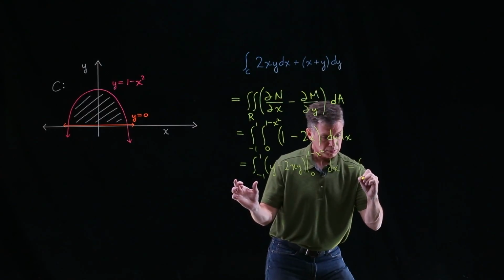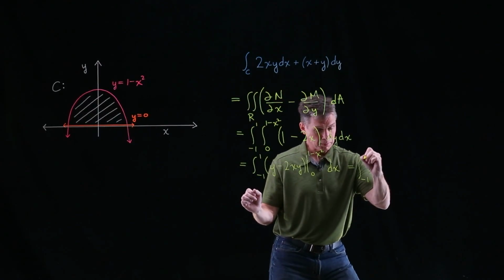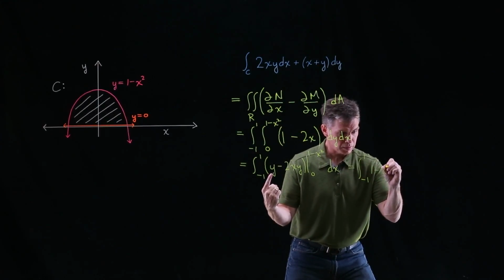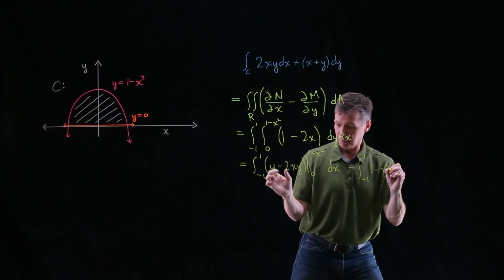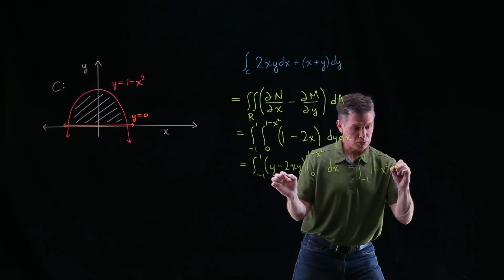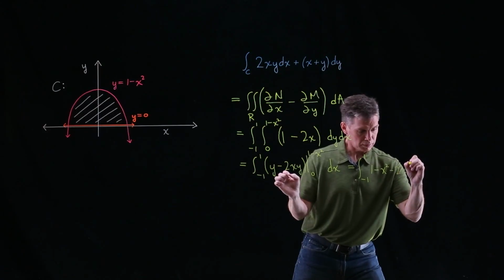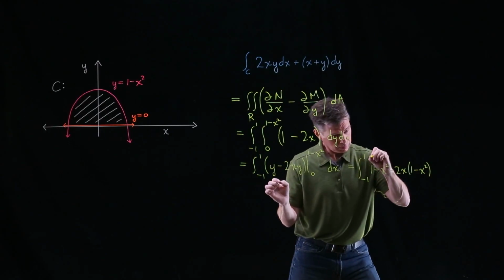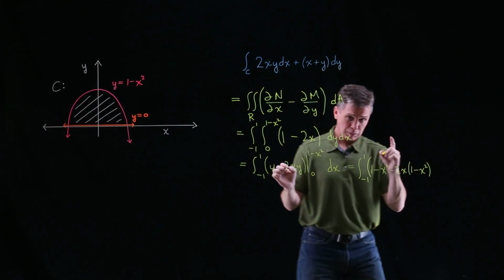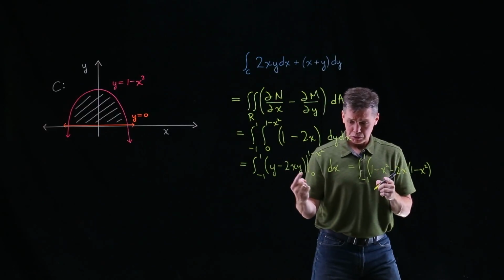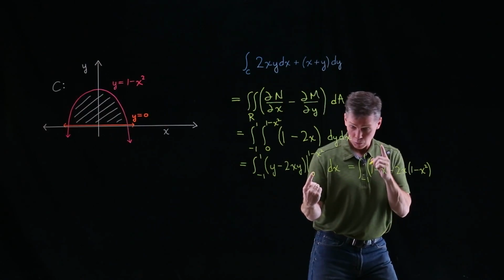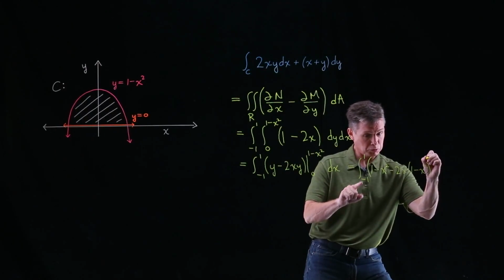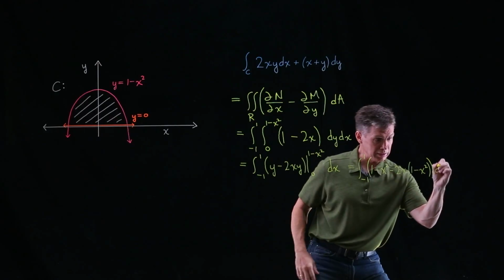I still have the integral from -1 to 1, my y, 1 minus x squared, when I plug in the top, minus 2x times 1 minus x squared. Then you would subtract what happens when you plug in the lower limit for y, which is going to be a 0 here and a 0 there. So just close these parentheses here so I can get my dx going.